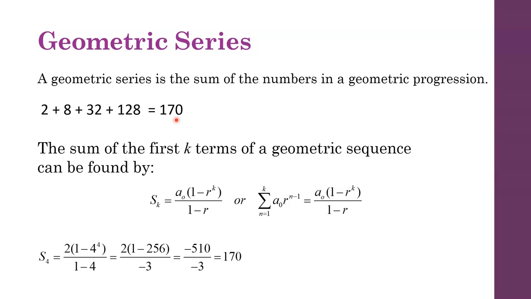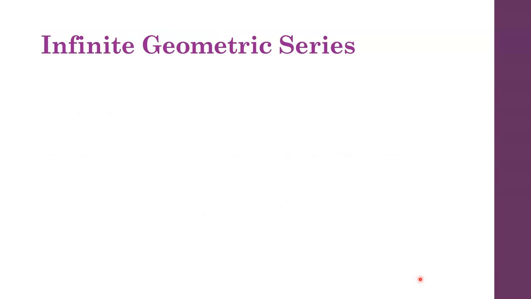Now, if I'm adding 4 terms, it may be easier for me to just find them and add them. But if I'm adding 20 terms of a sequence, a partial sum of the first 20 terms, then it definitely would pay off to use this formula, right? And to continue, now what if I want to add an infinite number of terms?